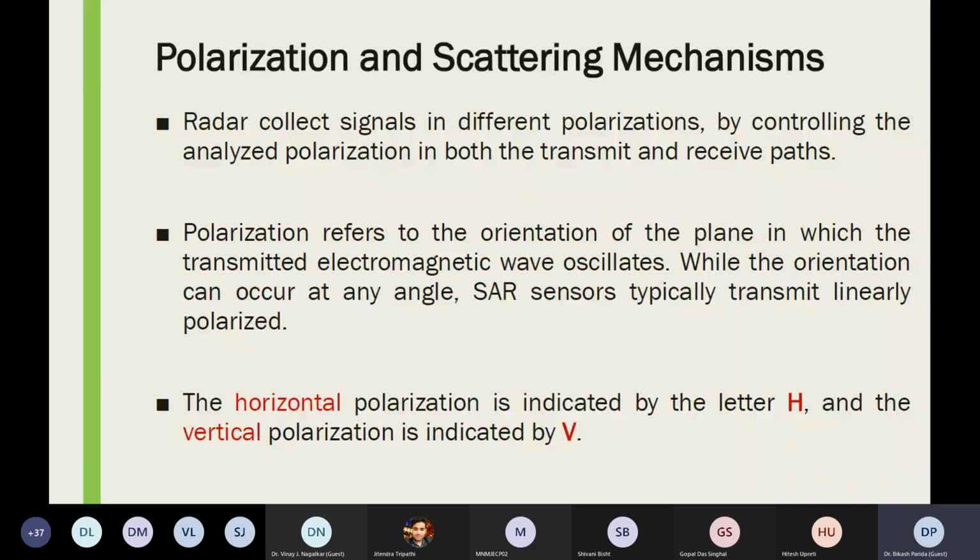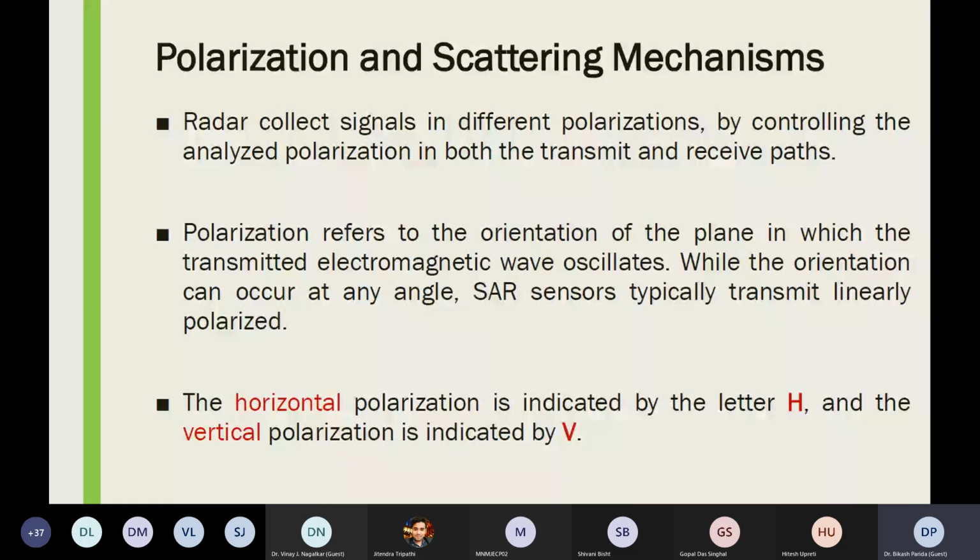The horizontal polarization is indicated by the letter H, and vertical by the letter V. And why we use different polarizations is that the information content is different at different polarizations.